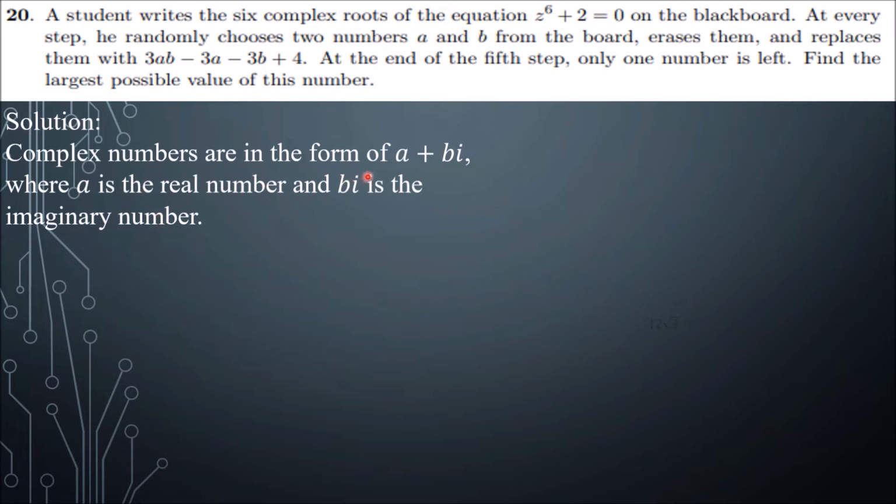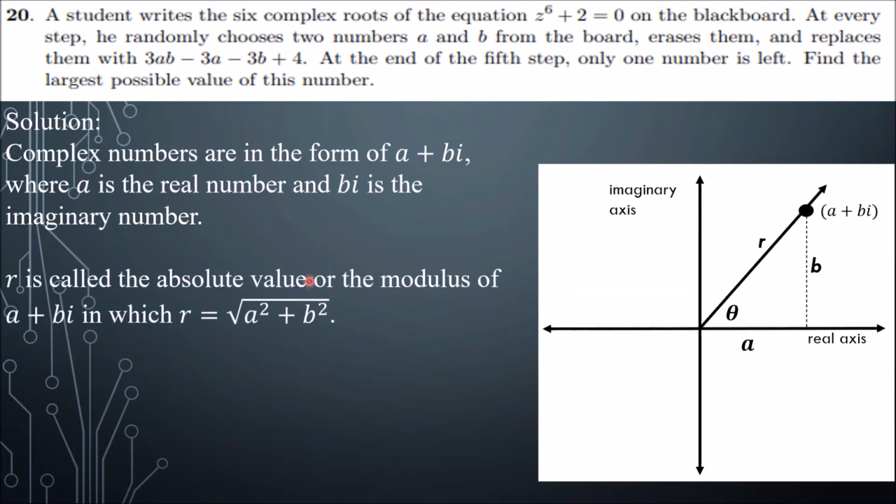Complex numbers are in the form of a plus bi, where a is the real number and bi is the imaginary number. So we have this illustration of complex numbers in graph. R is called the absolute value or the modulus of the complex number a plus bi. So this is R here, in which R is equal to square root of a squared plus b squared.